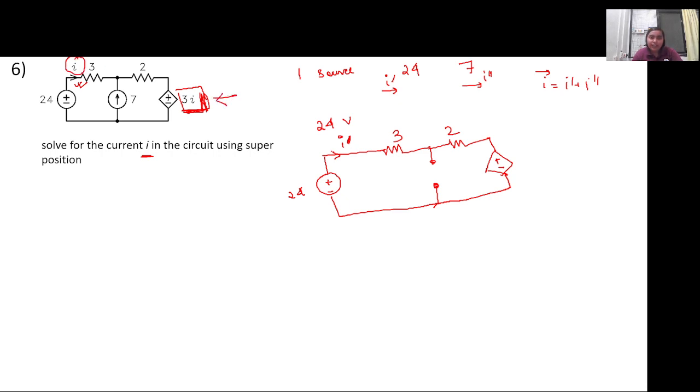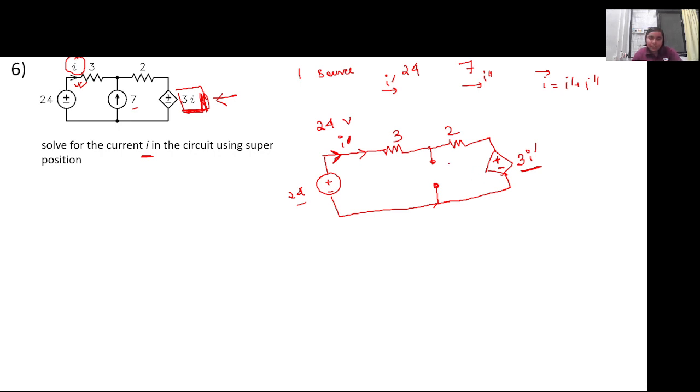Now we have taken I dash here instead of I, because the total I will be a contribution from this 24 volt source and this 7 ampere current source. So for now this is I dash. Instead of writing 3I, we will write 3I dash, because whatever the branch current will be here, this current dependent voltage source will change accordingly. So we will take it as 3I dash.